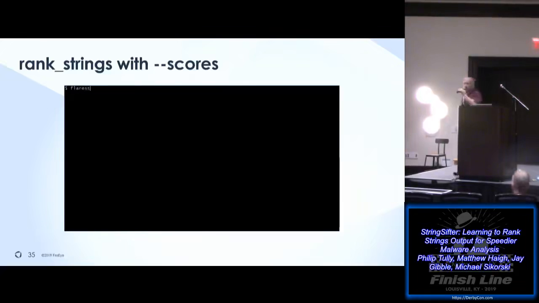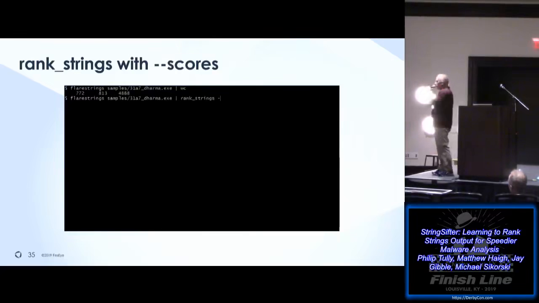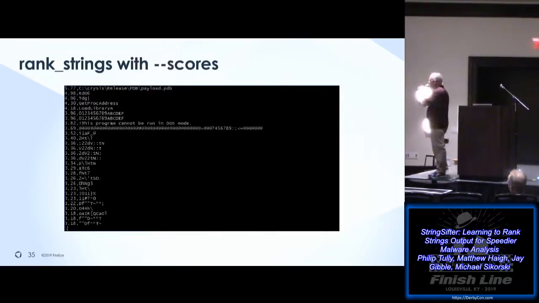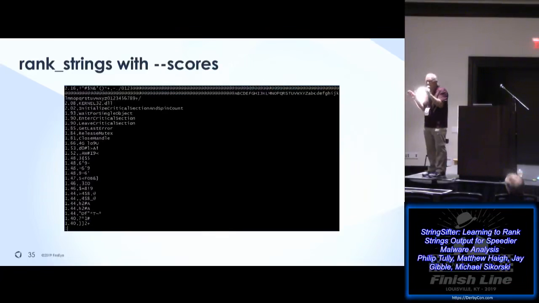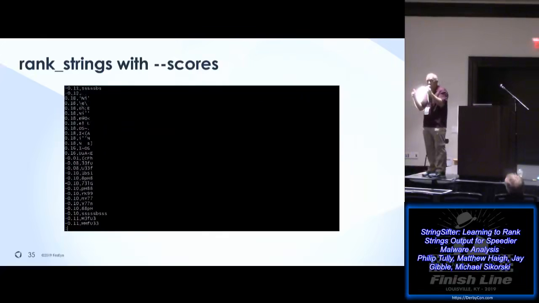If you use --scores, which is an alias to -s, it'll just give you the little numeric score associated with the features, so you can see how hot the information is. This one is a sample of Dharma malware. It's a ransomware sample, but it's obfuscated. So there's only two visible imported APIs.